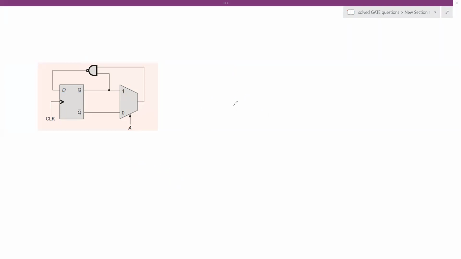So we assume that the initial state of the D flip-flop output, that is Q, is equal to 0. And then we also say that the initial state of the D flip-flop can also be logic 1. And similarly, when we say Q equal to 0, it means Q bar will be equal to 1.